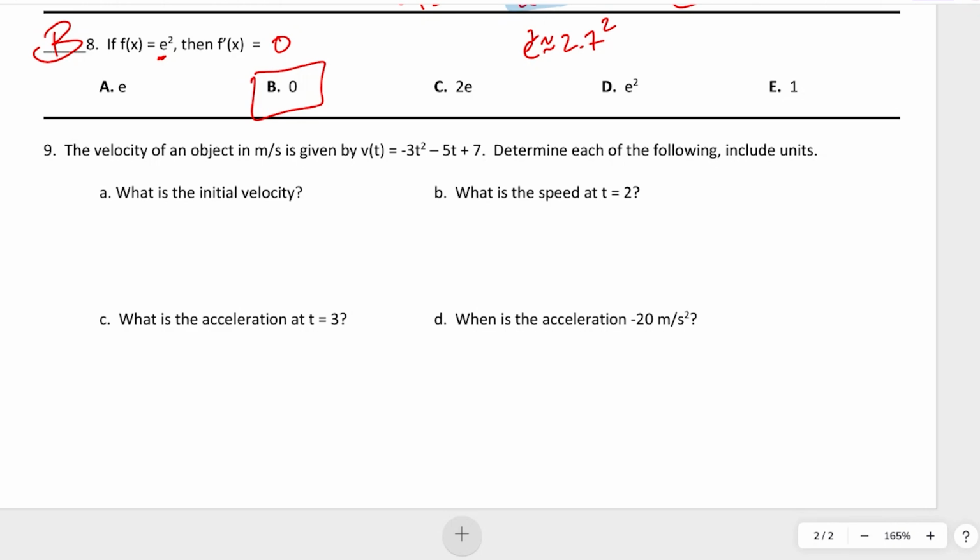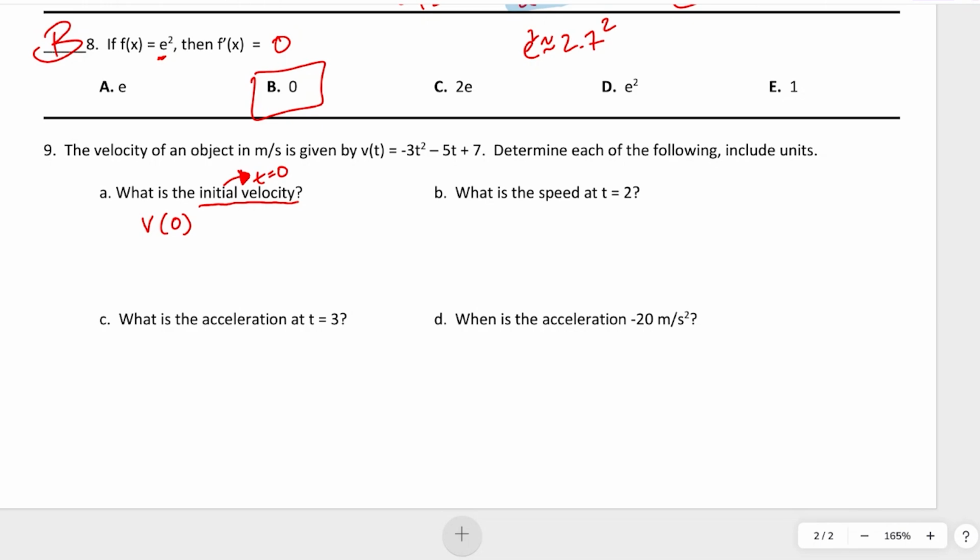The velocity of an object in meters per second is given by this velocity function. It's quadratic. Determine each of the following, including units. So first, what is the initial velocity? Well, that means we want the velocity when time is 0. When you see that word initial, that's what that really means.